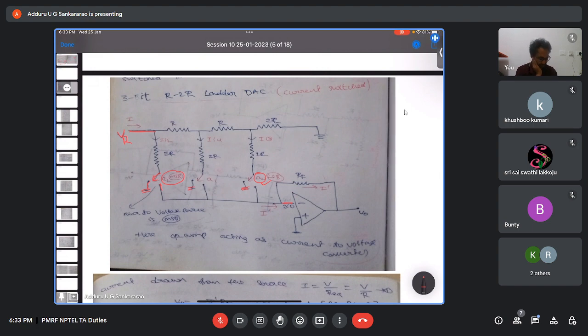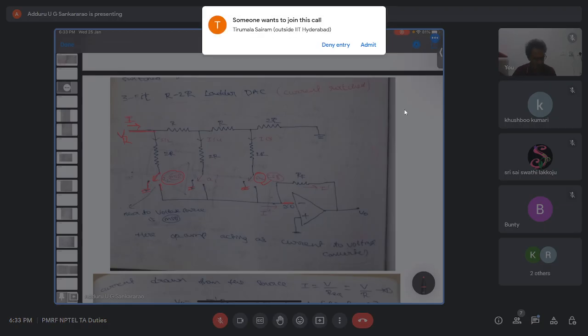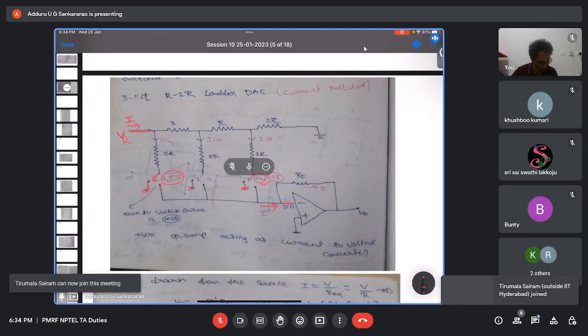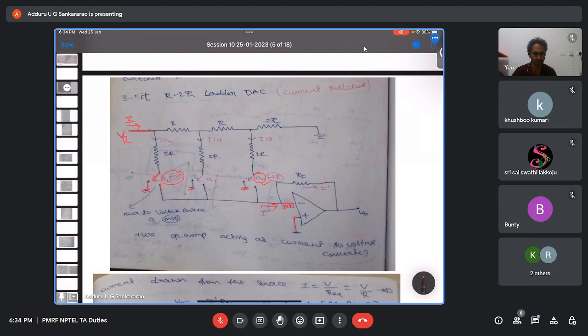For this also we can easily find out the output. This is standard one. You can extend this to any number of bits. Let us say I is the current coming from here. How to find out the current? The same current will come here. Using the virtual ground concept, if op amp is ideal, here also 0 you can say. Based on this, you can find out the equivalent resistance of the entire circuit.